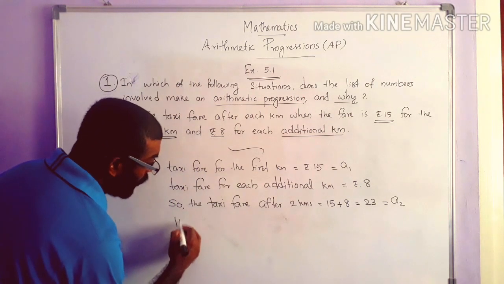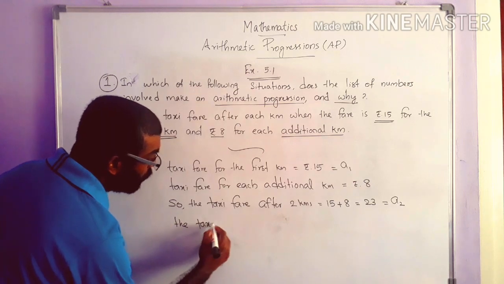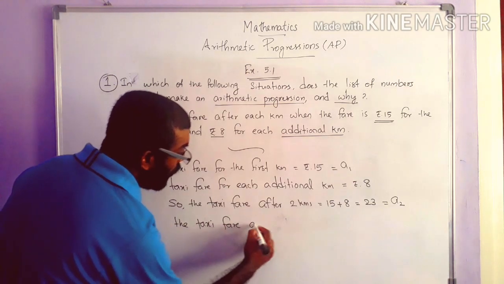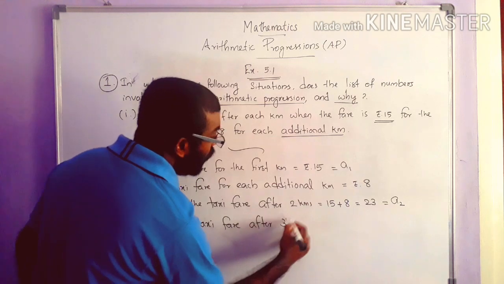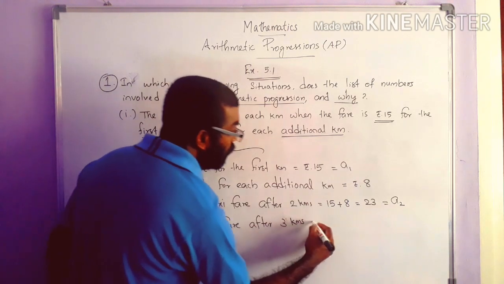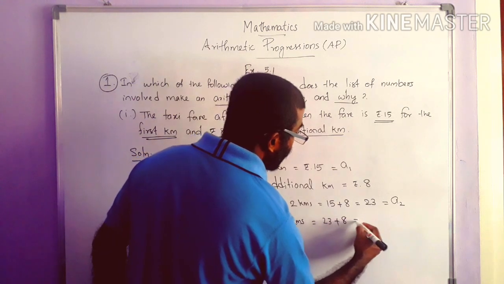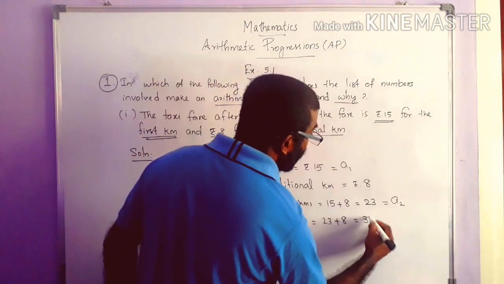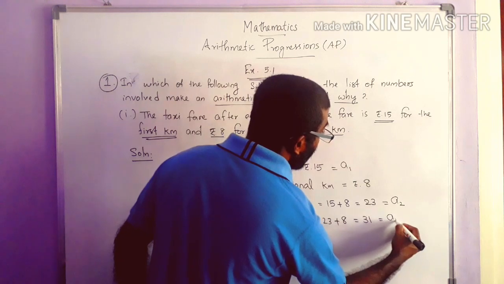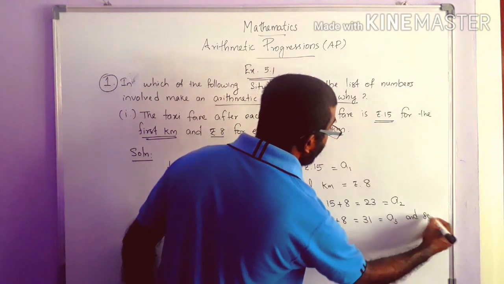Then the taxi fare after 3 kilometers will be 23 plus the additional charge 8, that is 31. Let it be A3, and so on.